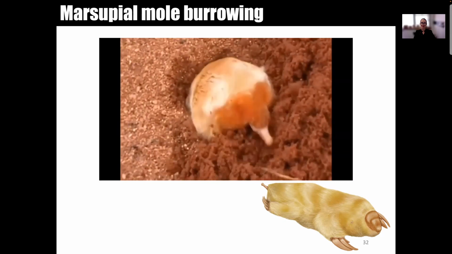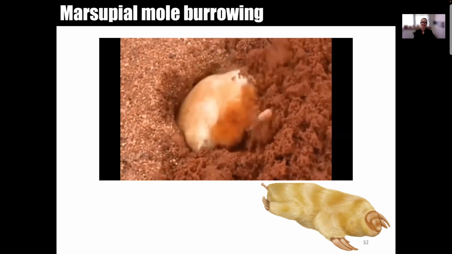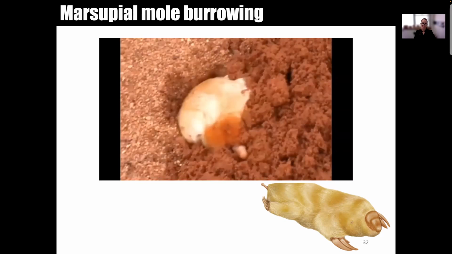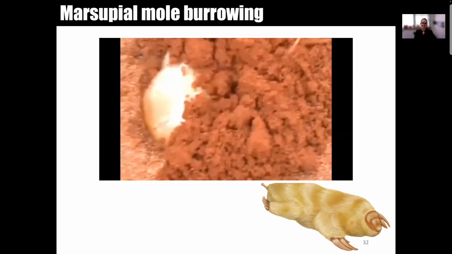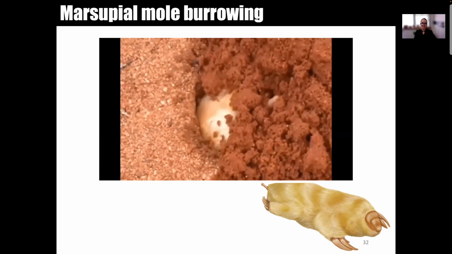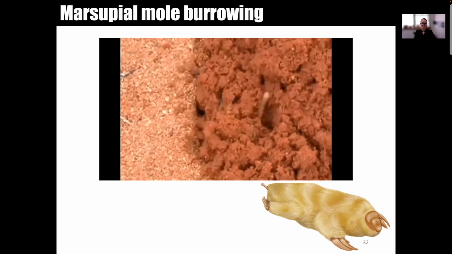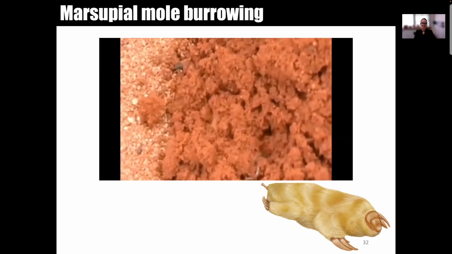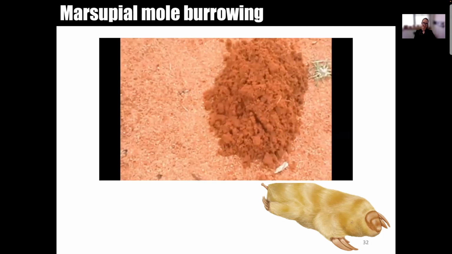But we don't know much about these species just because of their subterranean existence. And that's it.